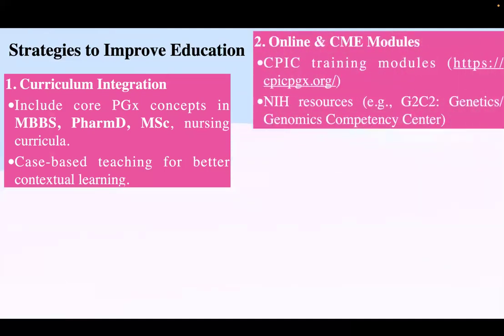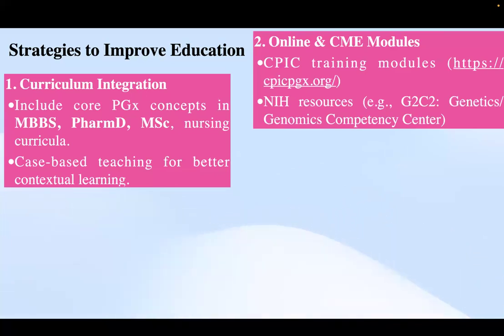Next, you can also go for an online CME module, continuing medical education, for example the CPIC training module. I think I have included the link also, so that after completing this course, if you are still interested and eager, you can go to the site and check the CPIC training module.